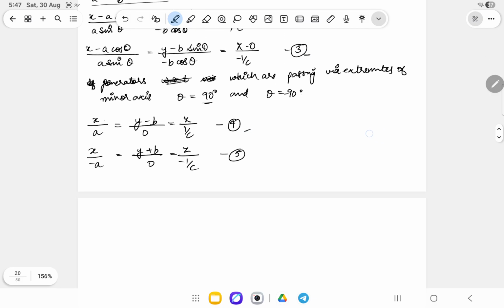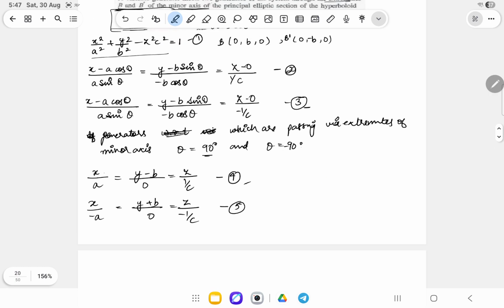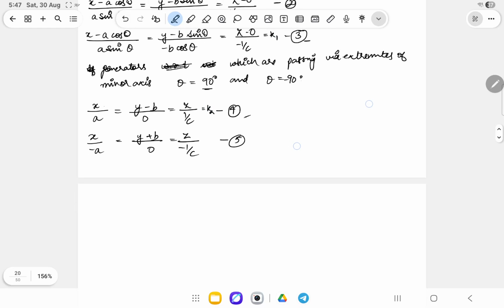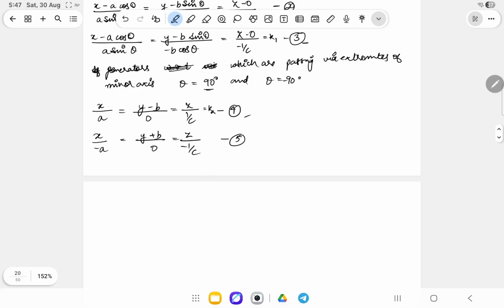So let's equate them with some terms and find any arbitrary point therein. If I equate with, let's say, k1 and k2, their intersection point I'll get by equating and solving the equations.